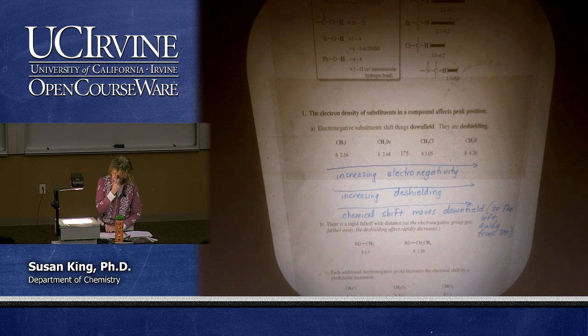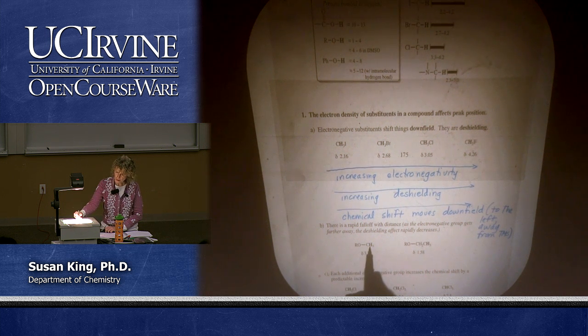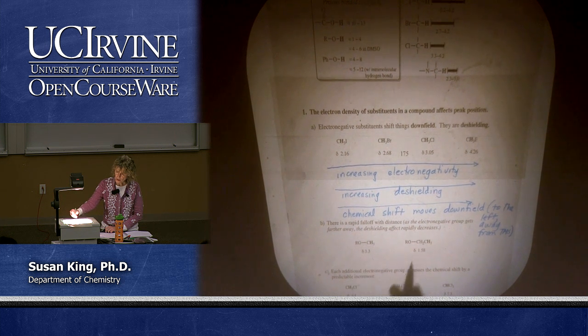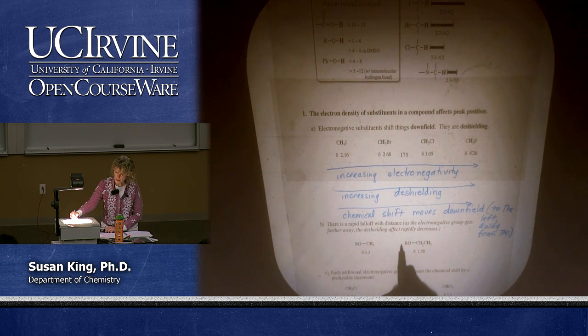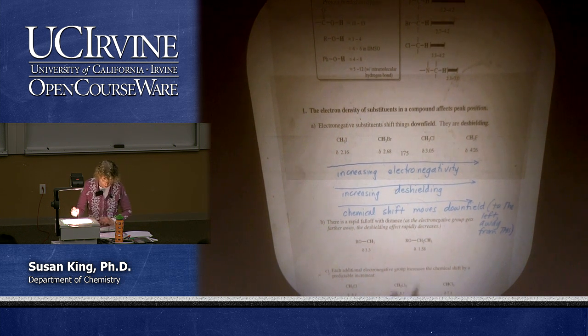All right, there's a rapid fall off with distance. As the electronegative group gets farther away, the de-shielding effect rapidly decreases. Always we're looking at the bolded hydrogens, these protons right here, 3.3. When we move this electron withdrawing group further away, it goes down to 1.58. So it falls pretty rapidly.